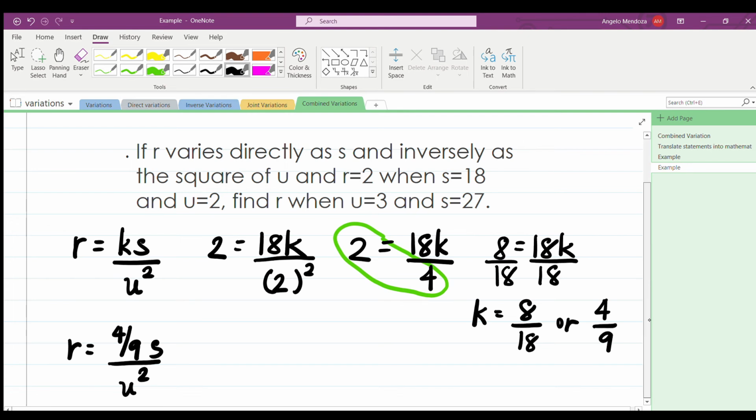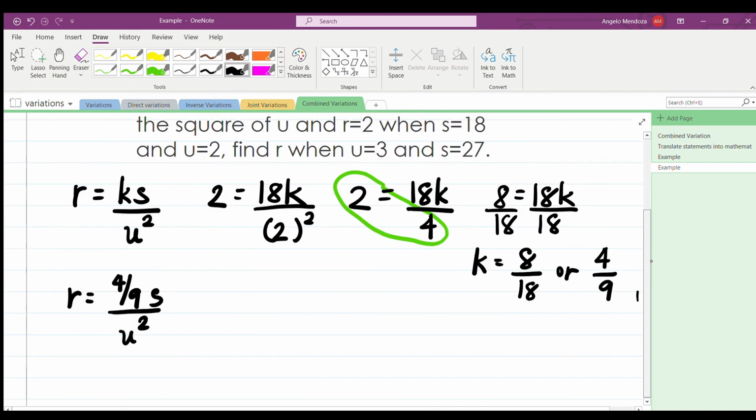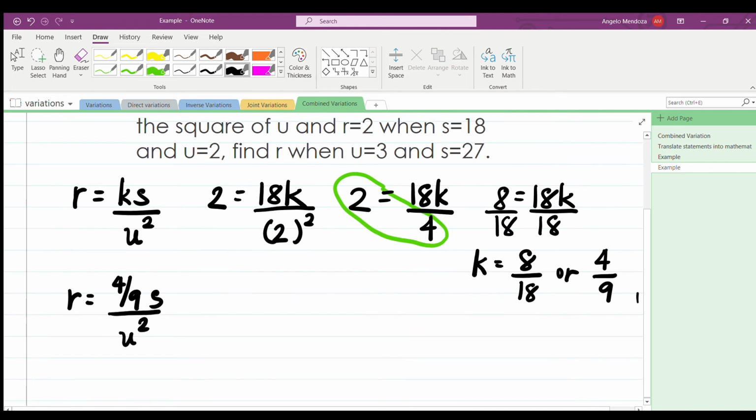So I'm going to find now R when U is equal to 3 and S equals 27. So R will be 4 over 9 times S, so that's 27, over U squared, so that is 3 squared.